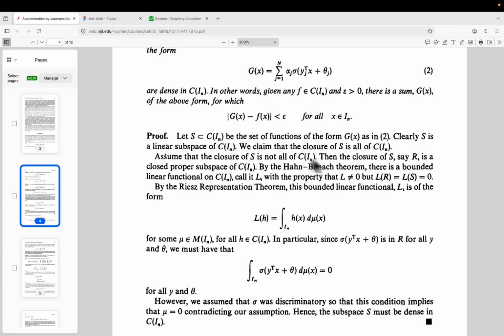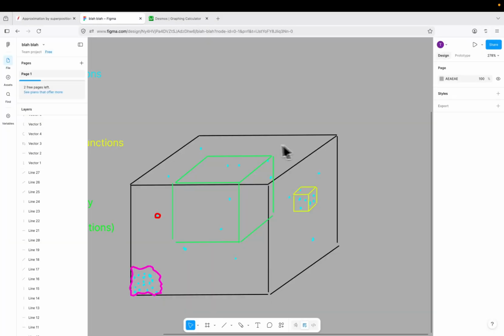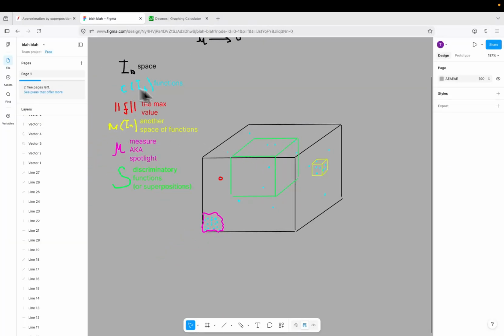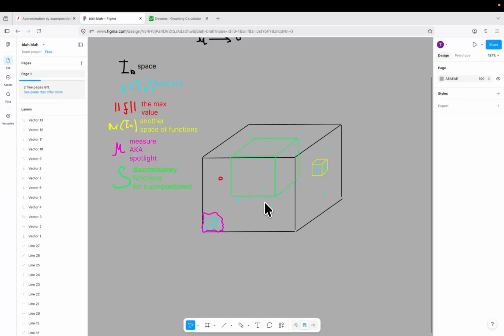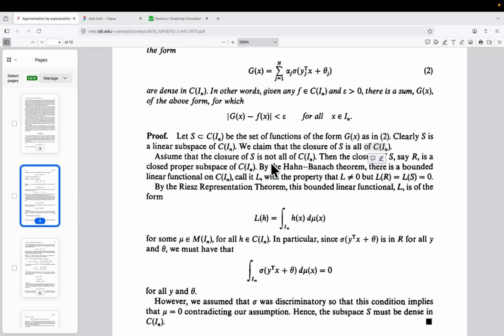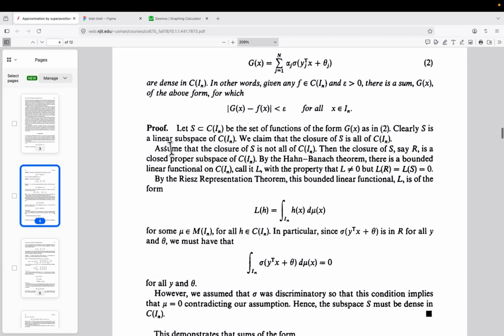We claim that the closure of S is all of our space of functions, our C. So we claim that all of the functions are inside this green cube. Assume that the closure of S is not all of C. We are going from a different perspective. We assume that it's not right.